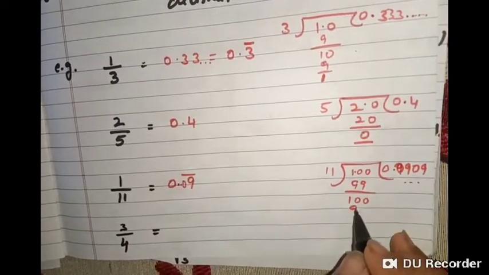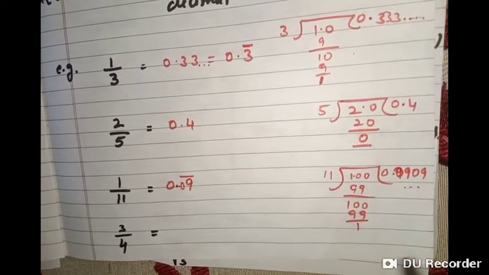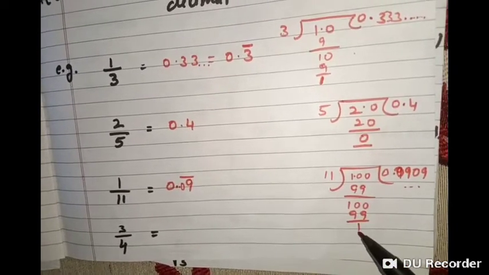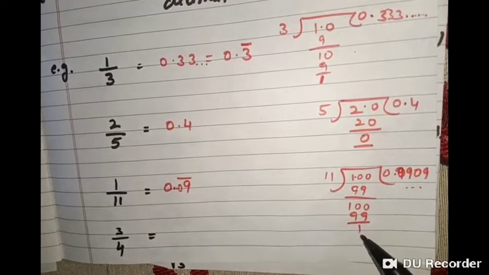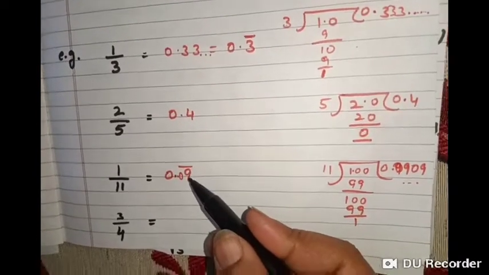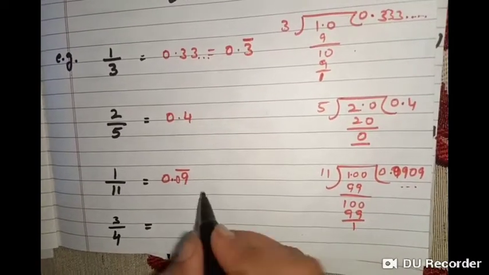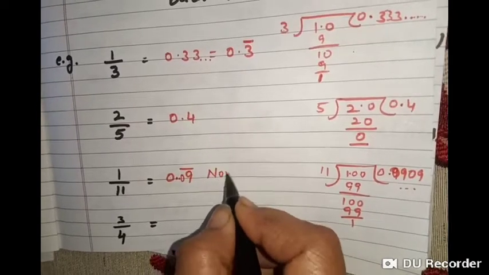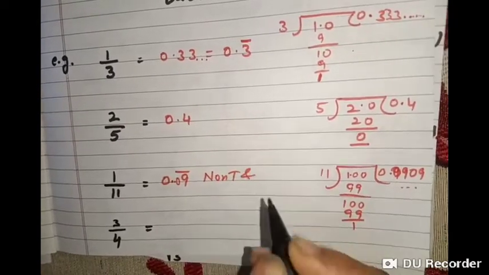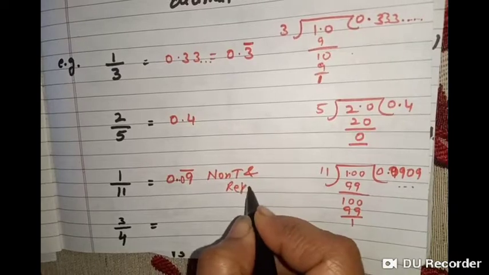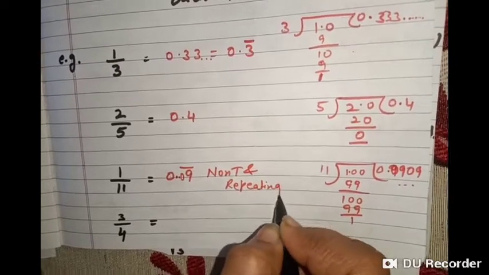The meaning of this is that again and again I am getting 1. The remainder here again is not 0. So which type of decimal expansion does it have? It is non-terminating and repeating. I hope the concept is clear to you.